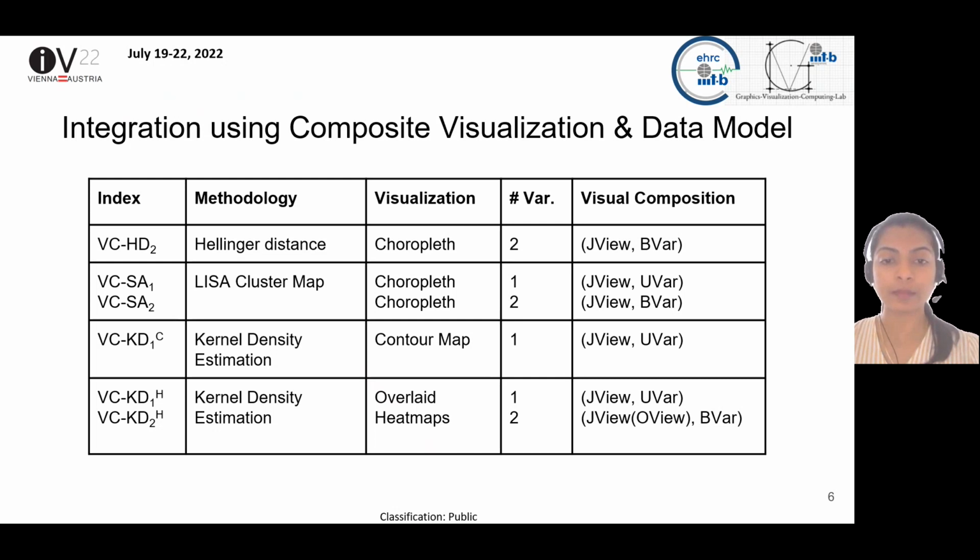The proposed 4 design patterns are essentially different visual composition methods that use different CVVs and data models: Hellinger distance in choropleths, hotspot using spatial autocorrelation in choropleths, contour maps and heat map using KDEs, and finally overlay and scale-aware heat maps using KDEs. We further discuss how these different patterns perform with different spatial scale in a geospatial visualization on a cartographic map.